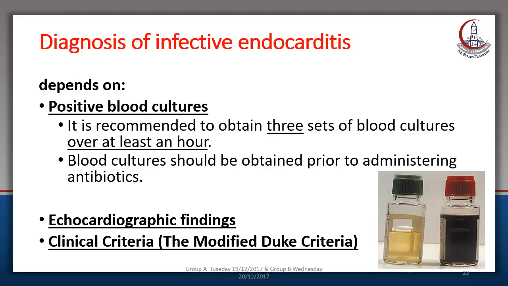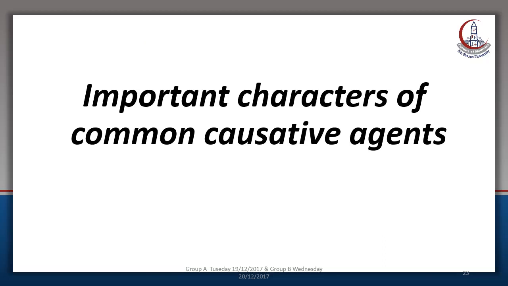Not all patients exposed to tonsillectomy or tooth extraction will develop subacute infective endocarditis. If the person is a healthy individual, such bacteria are cleared from the circulation within a few hours or 1 hour.